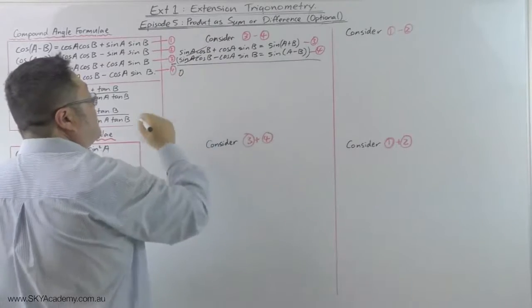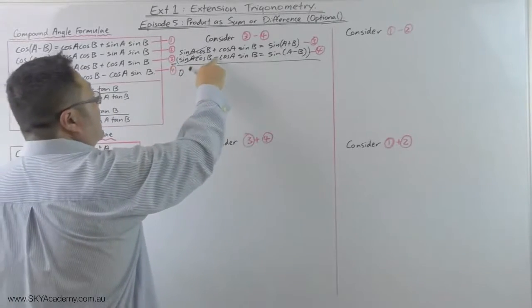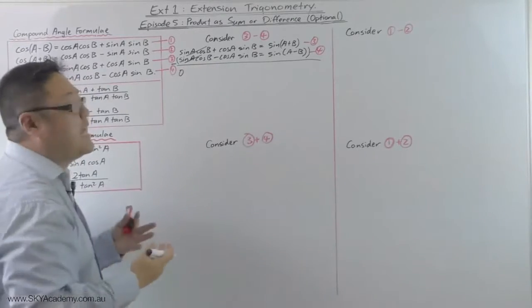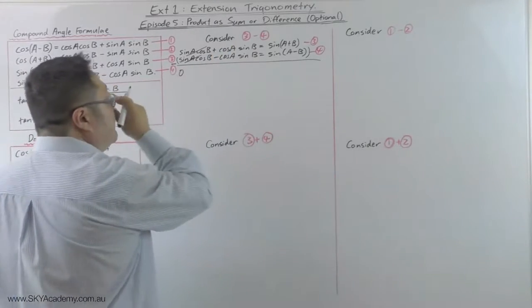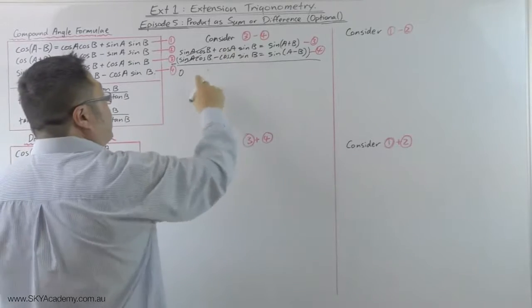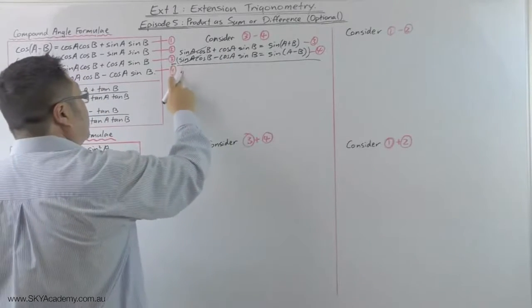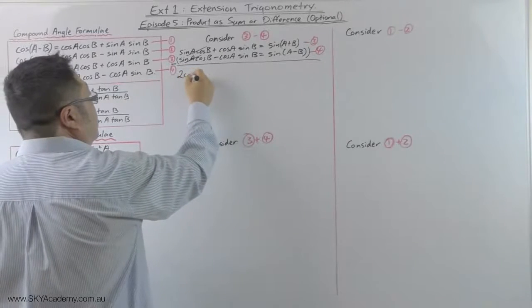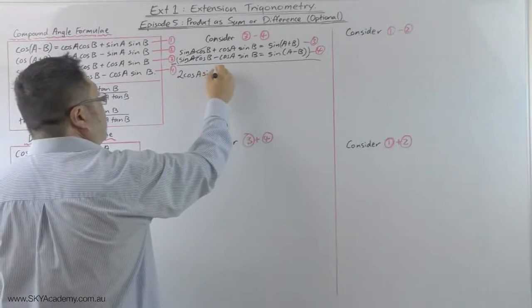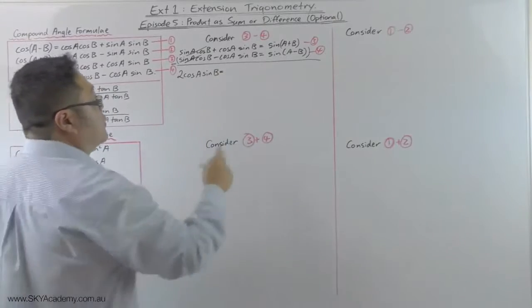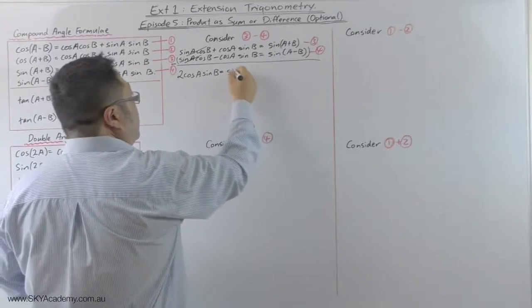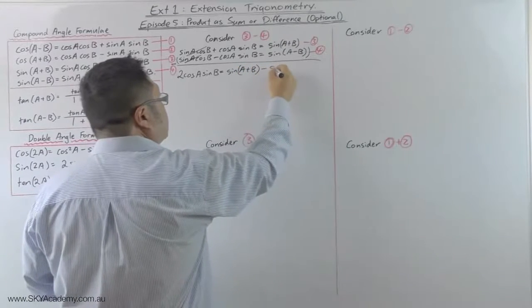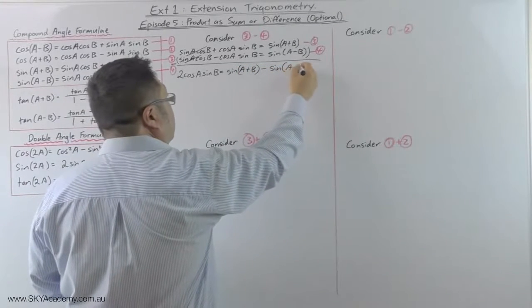Now a minus and a negative become a plus, so you have cosine A sine B added together, and because the minus makes a plus, you get 2 lots of cosine A sine B. And that's equal to that minus that, so sine of A plus B minus sine of A minus B.